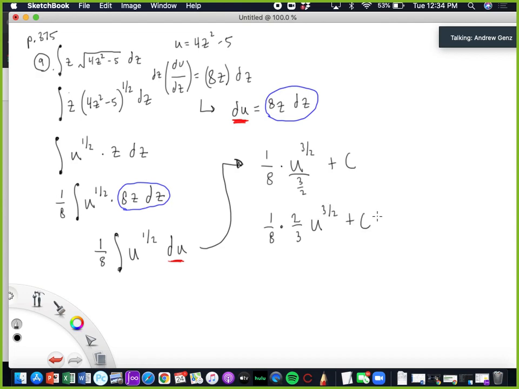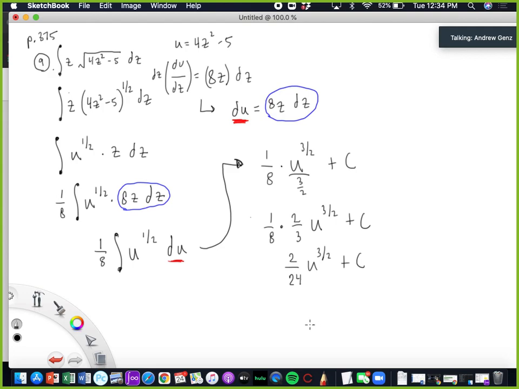I like to write it in this format because it gives me a clear idea of what I'm multiplying. So 1 times 2 is 2 over 24, u to the 3/2 plus c.